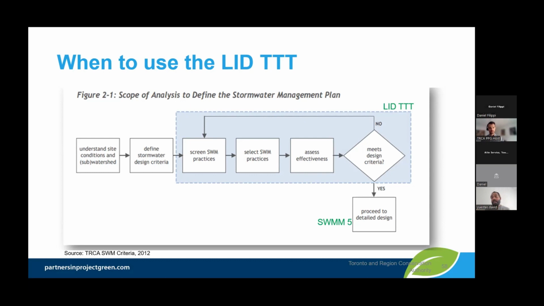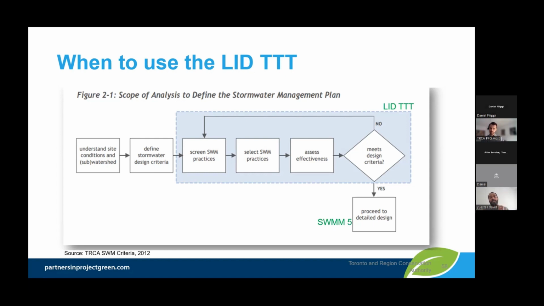We've calculated that for the GTA, a 25 to 27 millimeter threshold, if you're able to capture and retain that on your site, is actually mimicking a natural hydrological cycle, because natural areas are able to capture and retain 90% of the rainfall events. And if you're capturing 25 to 27, you're capturing 90% of the rainfall that's falling on your site.